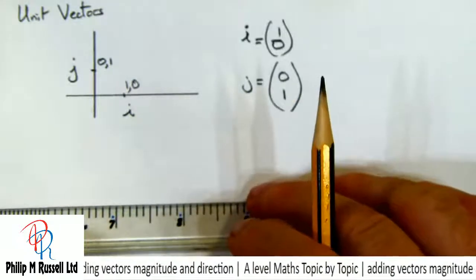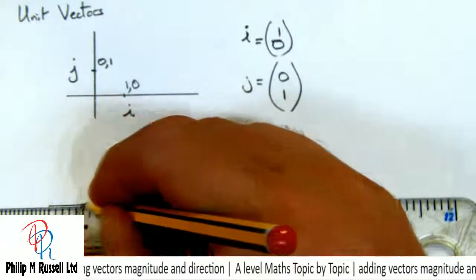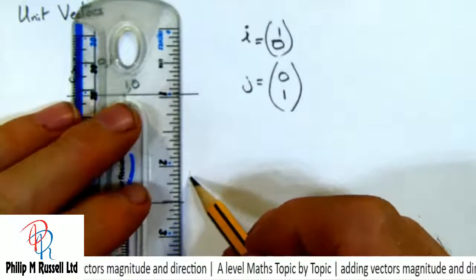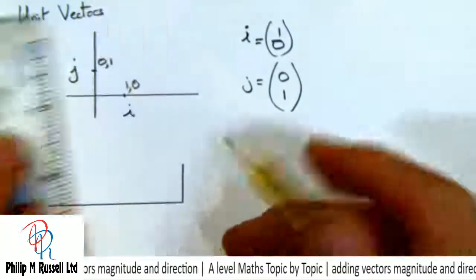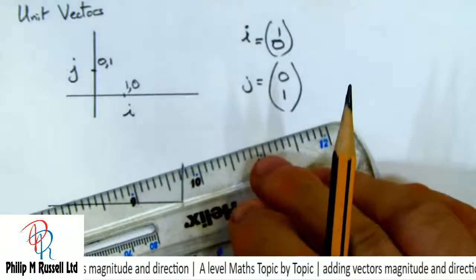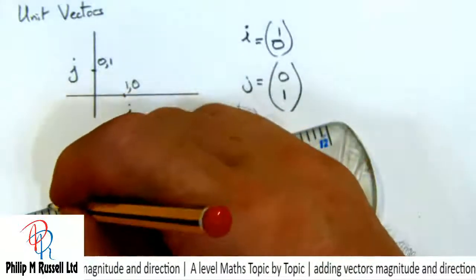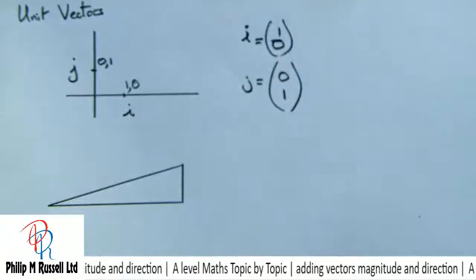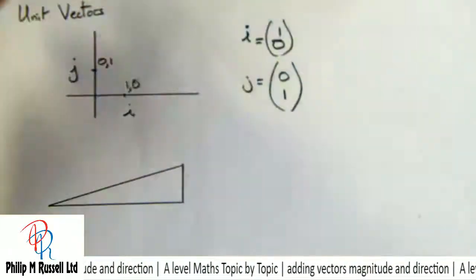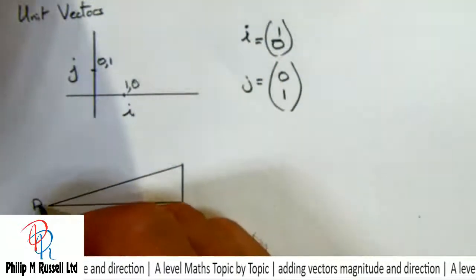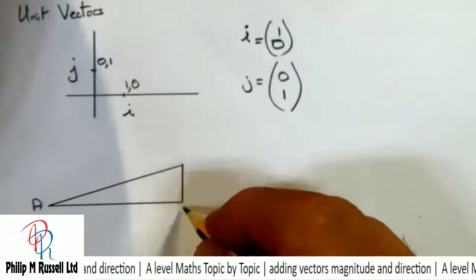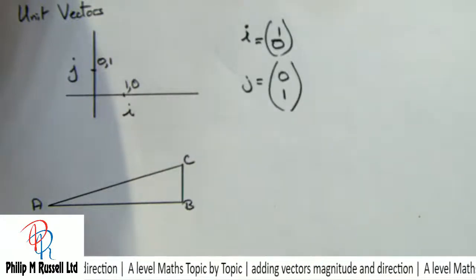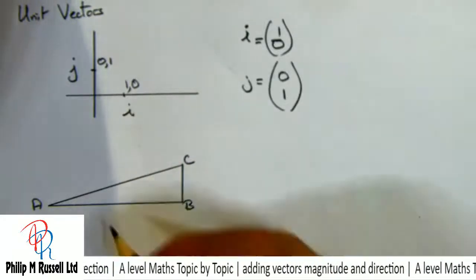So let's draw out a little triangle, and we can label it A, B and C, and give these sides some values.